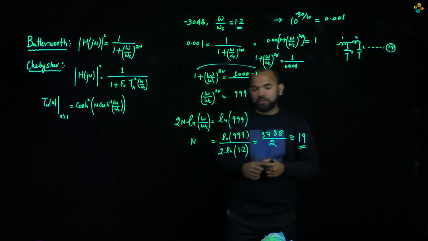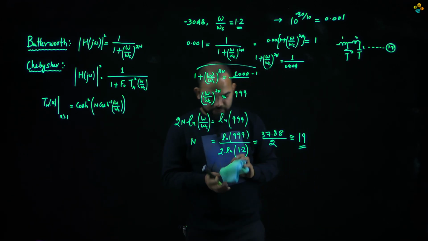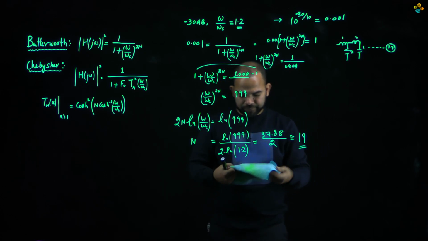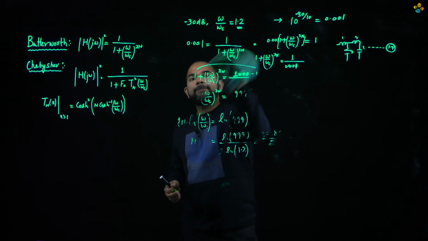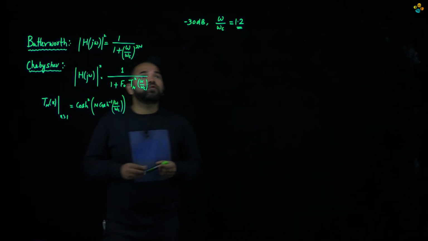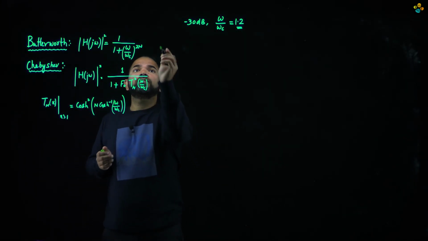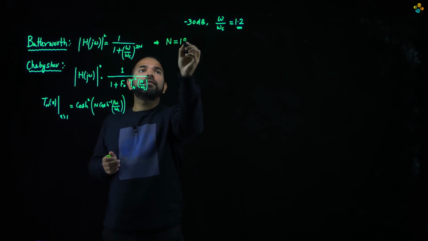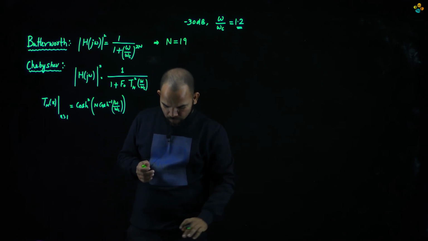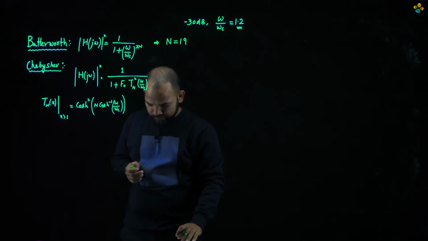Okay. So now let's take this as a reference. We have got order as 19 for Butterworth with this roll-off, so the order of the filter is 19.